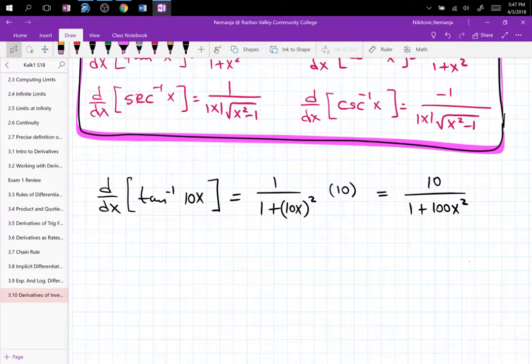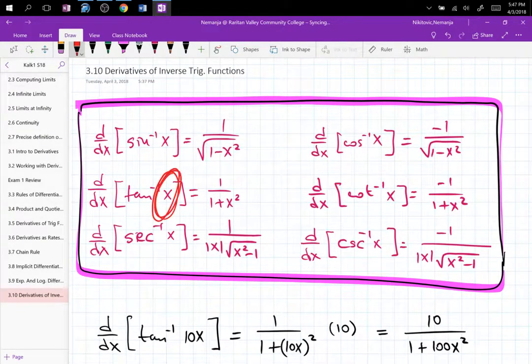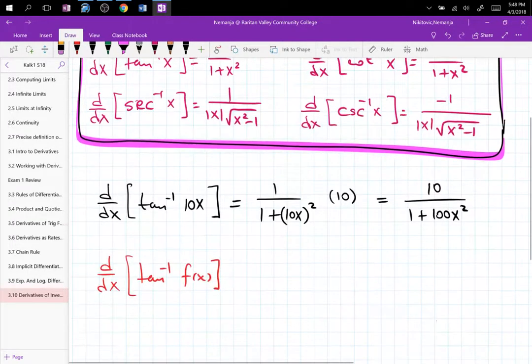What this does is it helps you come up with a modified, better formula, which says that the derivative of inverse tangent of f of x, because you can have whatever, it's not just x that you worry about. It could be e to the x there. It could be another trig function. It could be a nested inverse. It could be ln. It could be anything, a polynomial like I have over here, 10x.